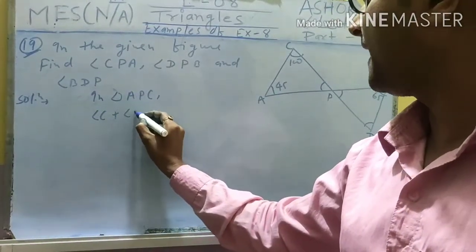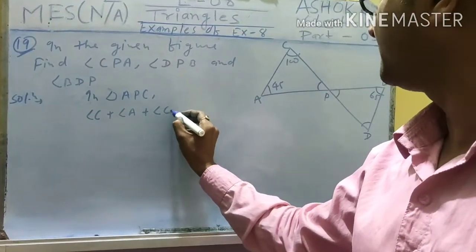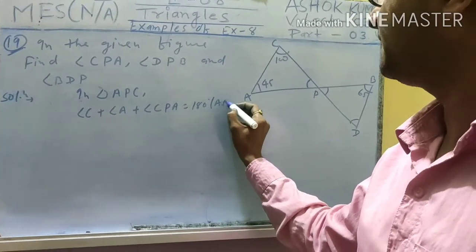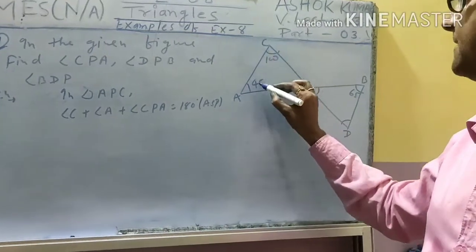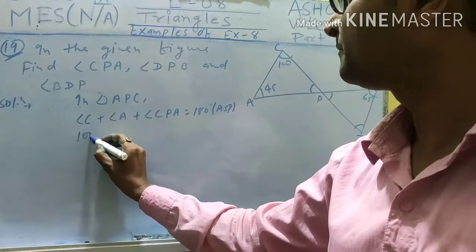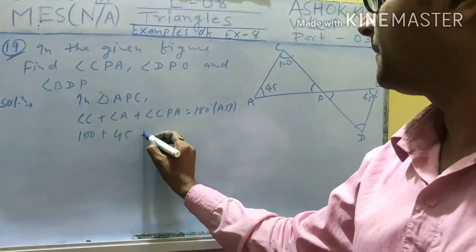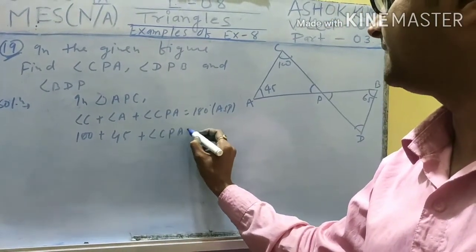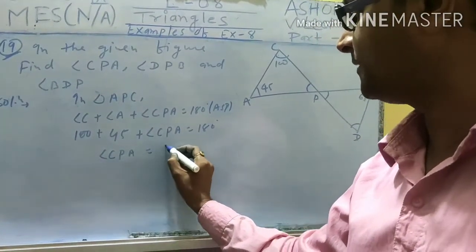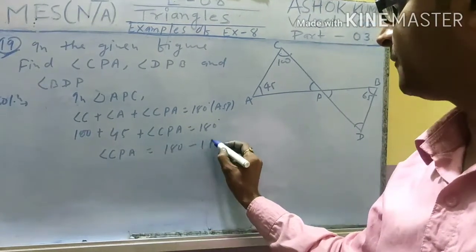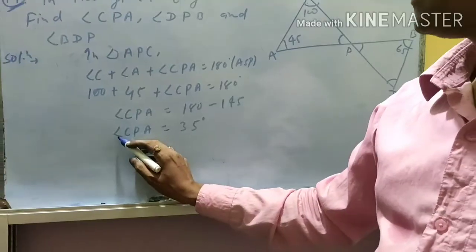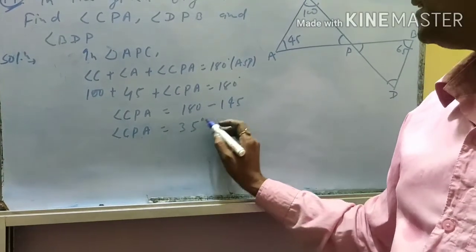angle C plus angle A plus angle CPA is equal to 180 degrees by angle sum property. This angle plus this angle is equal to 180 degrees. This angle is 100, this angle is 45, plus angle CPA is equal to 180 degrees. So angle CPA is equal to 180 minus 145, so angle CPA is equal to 35 degrees.